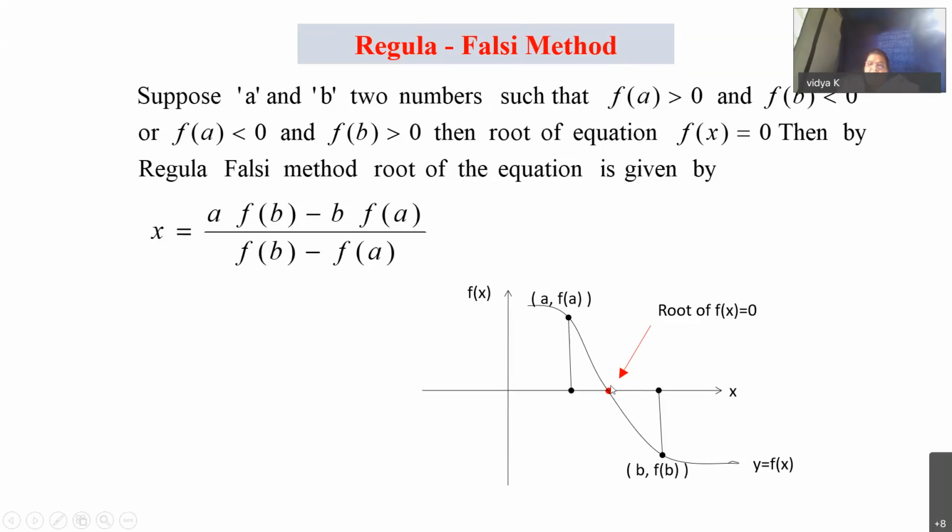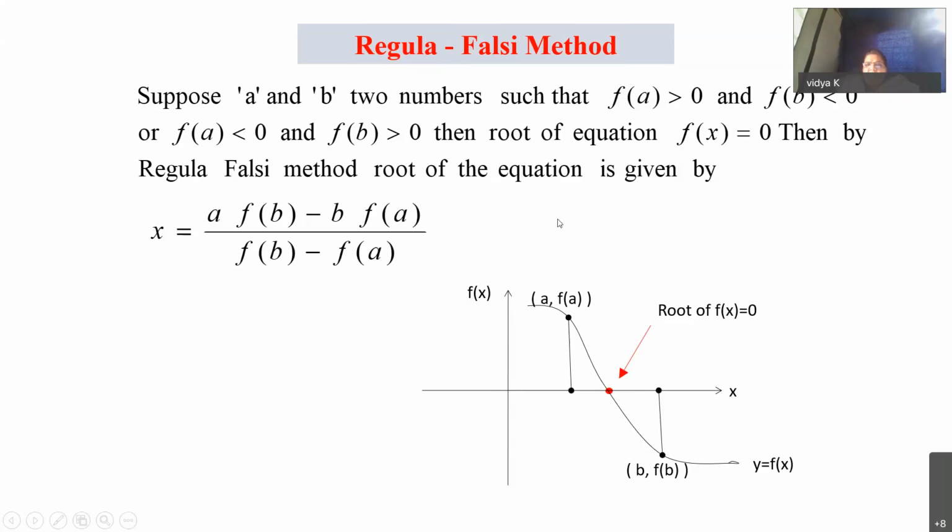So now, since it crosses, first you should assume in the beginning where the root lies, in between what values. You have to assume that. So how to check? For that, you start by giving values of x as 0, then get the functional value. Suppose the functional values of the first value and the next value differ by sign.